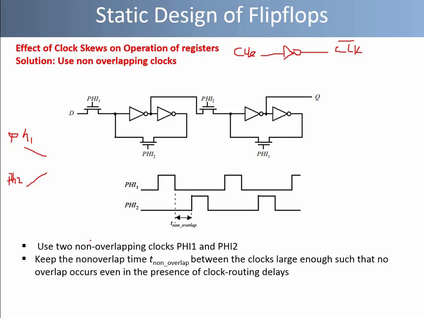This is achieved by keeping the non-overlap time between the clock signals very high. Now, since the phi 1 and phi 2 signals will never overlap with each other, the problem of register entering into metastable or race condition is removed.